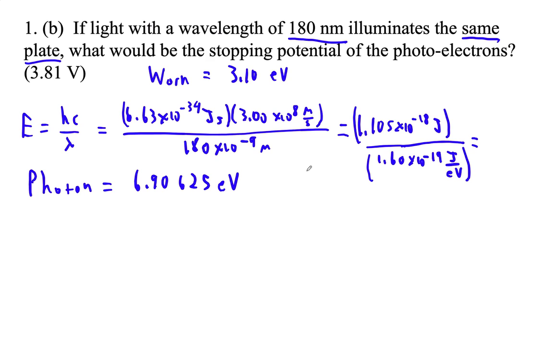Okay, and now we get into basic photoelectric effect calculations. In the best case scenario, when we're talking about the stopping potential, the photon energy turns into work to remove the electron from the metal plus the kinetic energy that the electron gets.